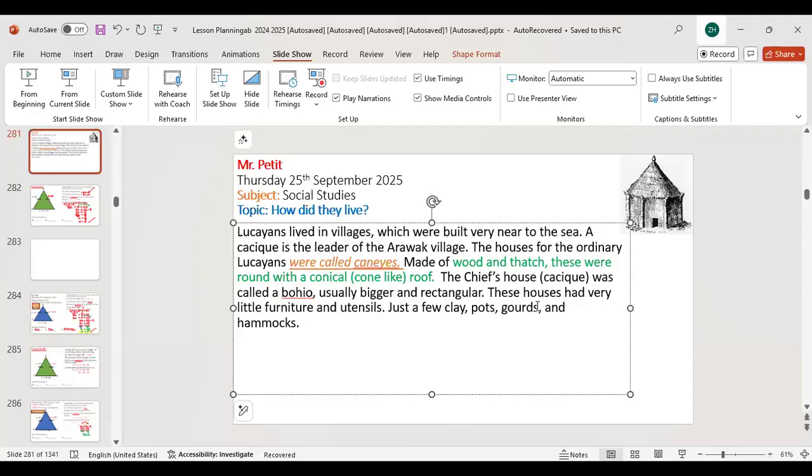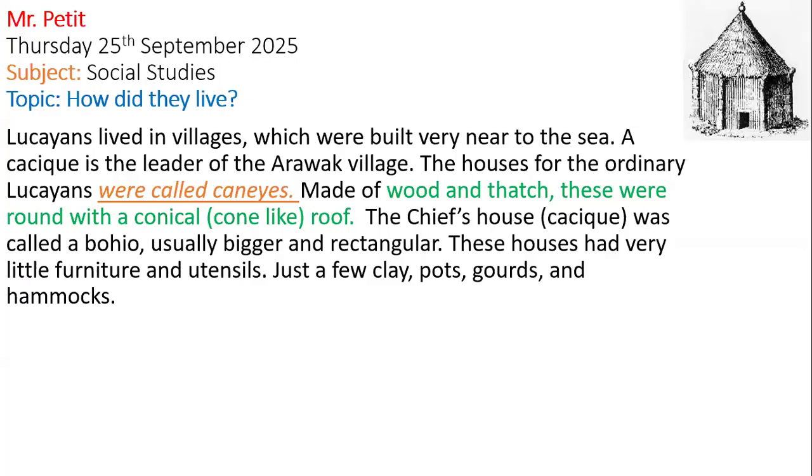So they didn't have a lot inside of their houses, right? Very spacious, large in the cacique house. Just a few clay pots, cards, hammocks, stuff that they could use to sleep in, eat food in, very simple stuff, nothing sophisticated. All right. Okay, cool.